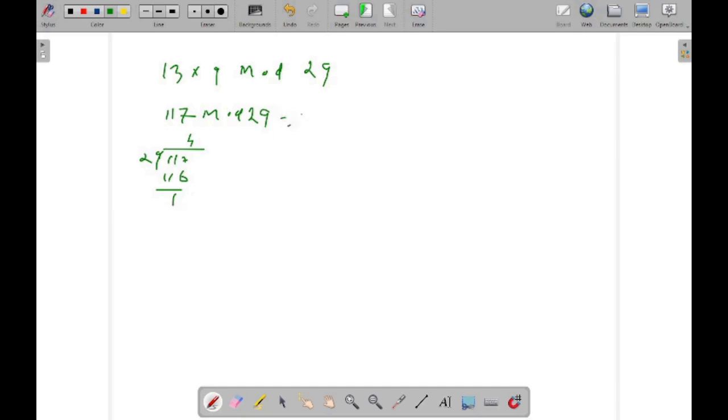This is equal to 1. So 9 is the inverse of 13 mod 29.